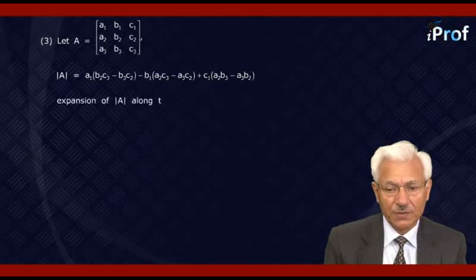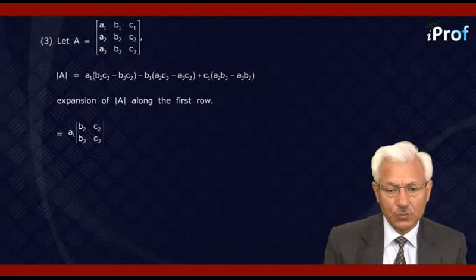This is the expansion of the determinant of A along the first row, that is a1 times the second order determinant with b2, c2, b3, c3 as its elements, minus b1 times the determinant with a2, c2, a3, c3, plus c1 times the determinant with a2, b2, a3, b3 as its elements.